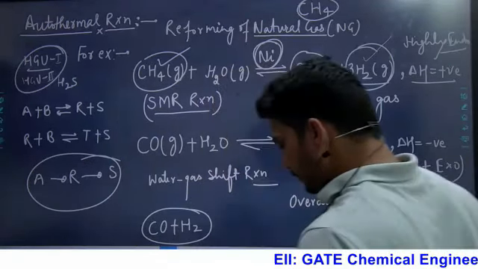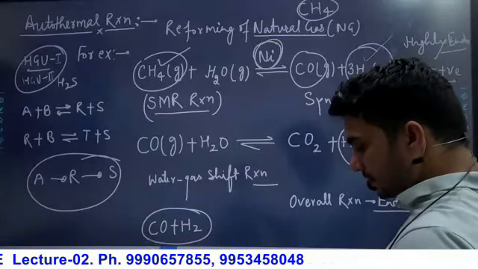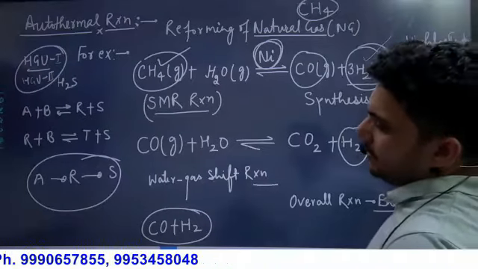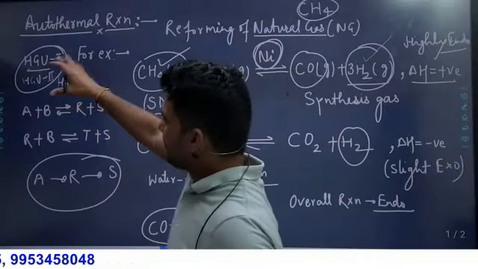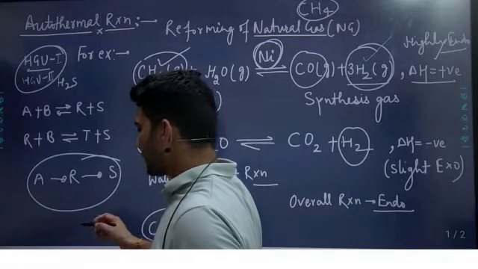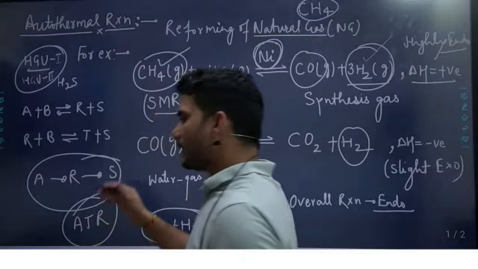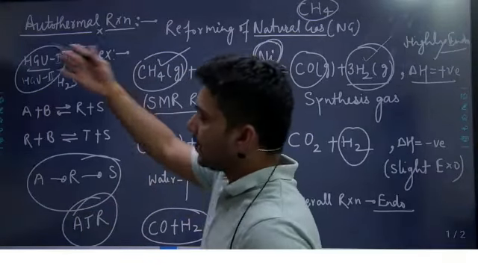So that is all about it. Sir, all endothermic reactions are autothermal? Autothermal means that, just by burning the fuel, I design the reformer in this manner, the autothermal reformer, ATR, so that I am not taking energy from other sources.